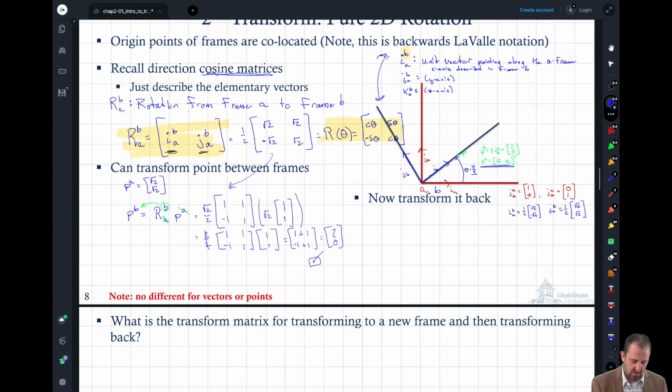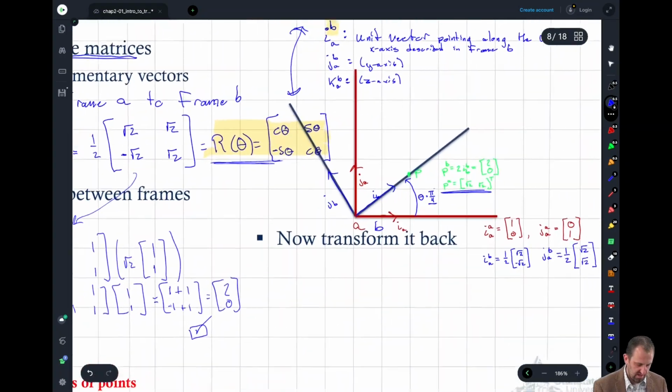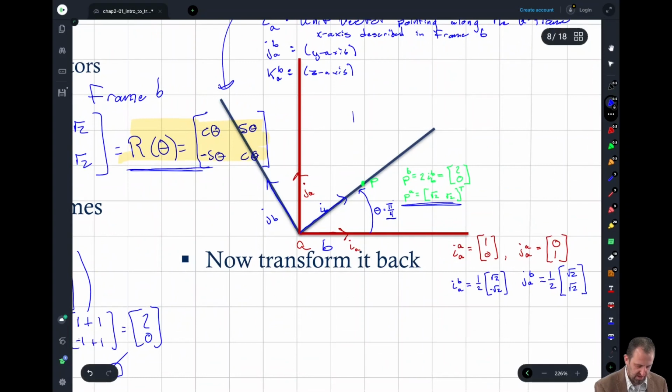If we were to transform it back, the easiest way to get our reverse transform is to look at this formulation. We have that R A to B is equal to the rotation matrix using our theta, and in this case we did pi fourths.